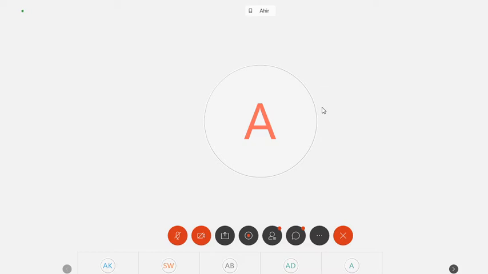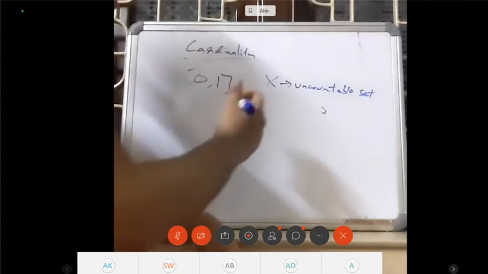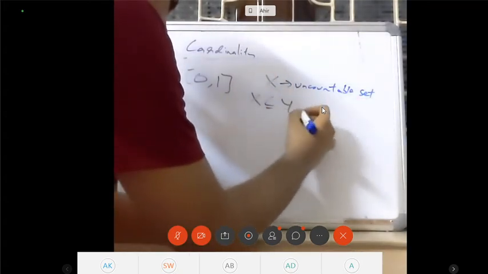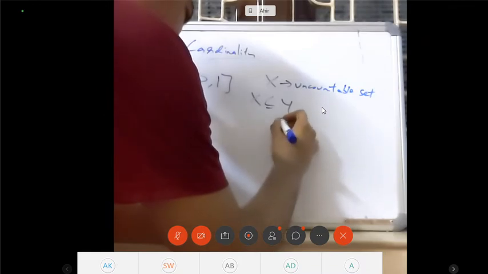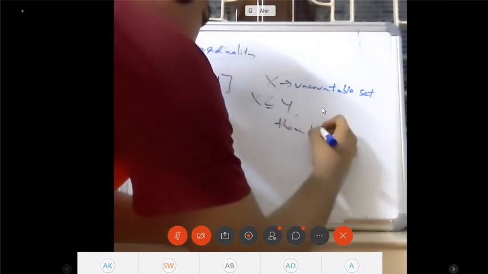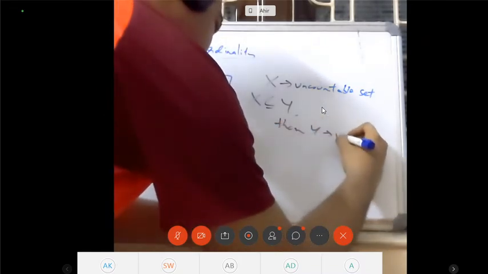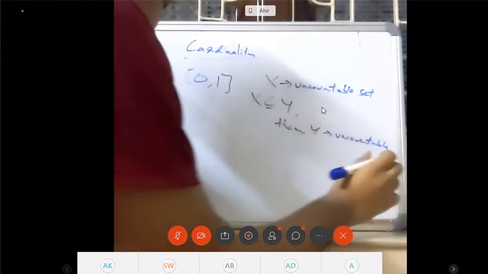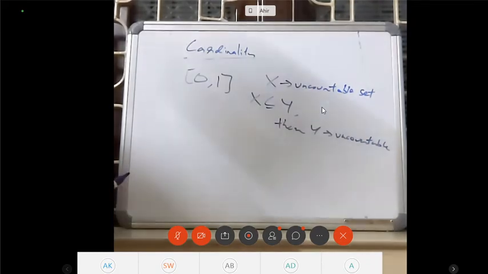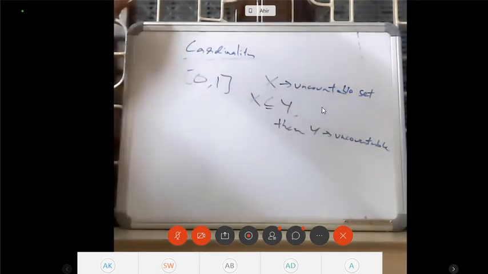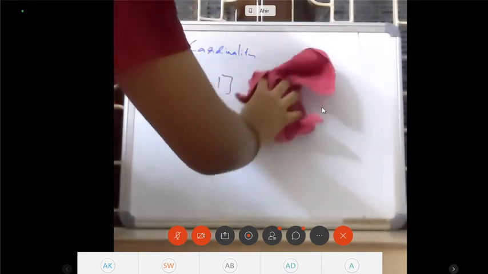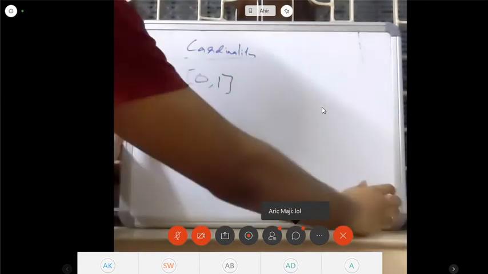So if X is an uncountable set and X is a subset of Y, then Y is uncountable as well. So since this interval is a subset of R, if we can prove that this is uncountable, then we'll have proof that R is uncountable.